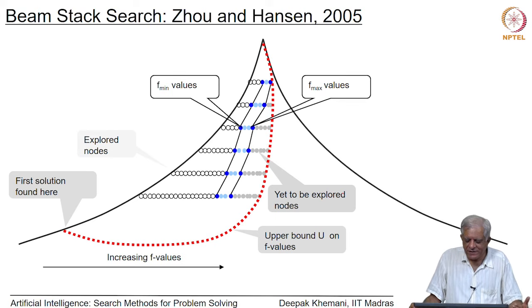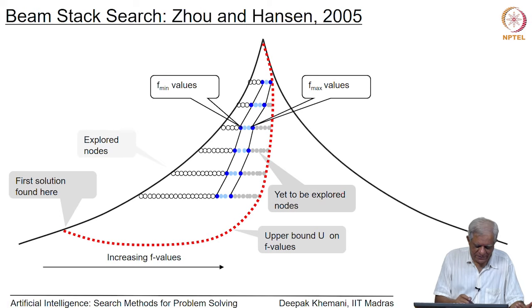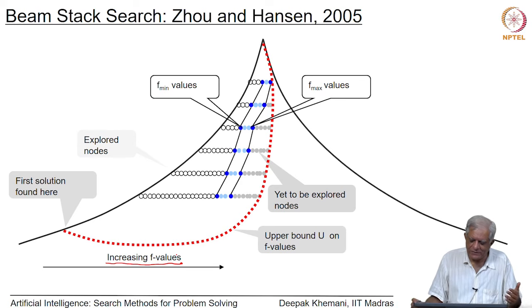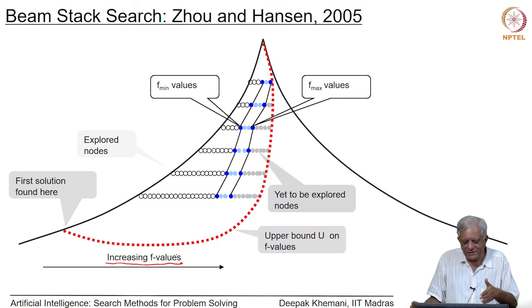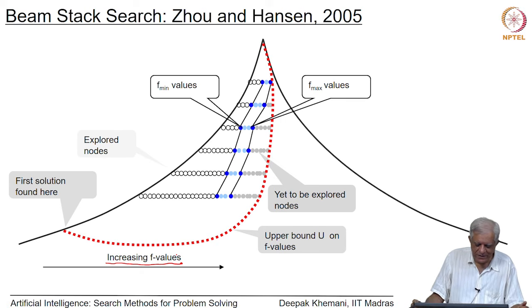As I said, we are visualizing a search tree in which we are arranging nodes at every level in increasing f values. So, for every level in this search tree, we are organizing the nodes in increasing value. So, in some sense, our search algorithm will sweep from left to right. Left are the cheapest nodes, right are the more expensive nodes.